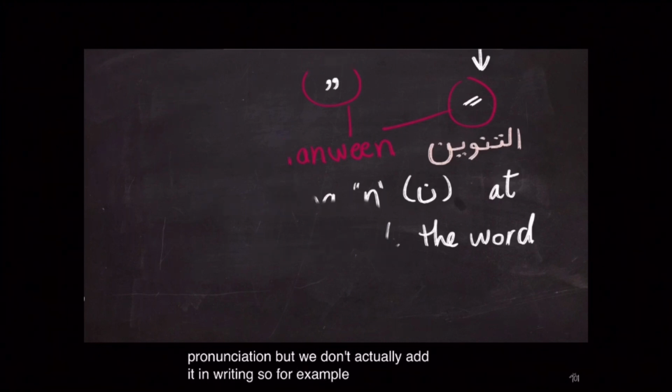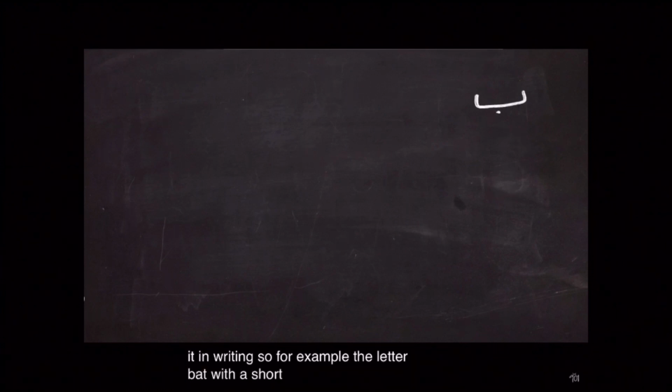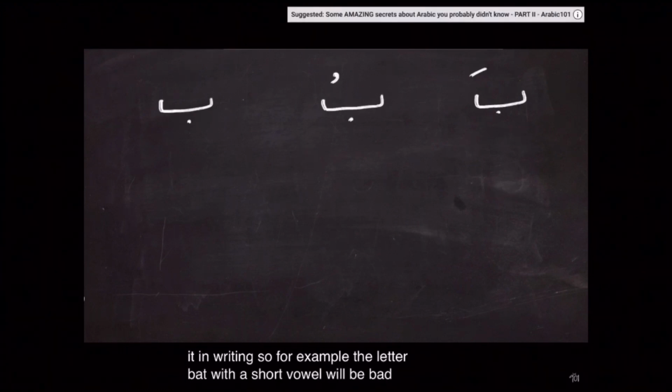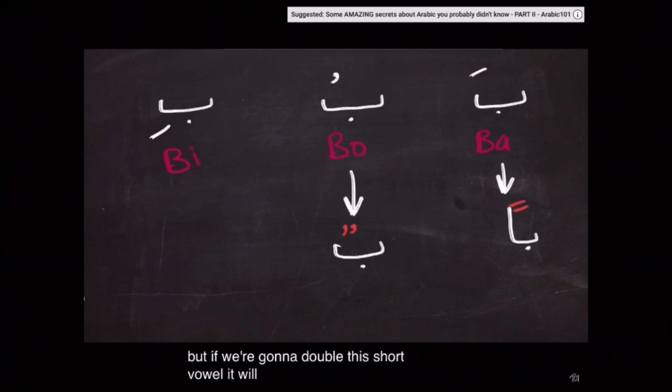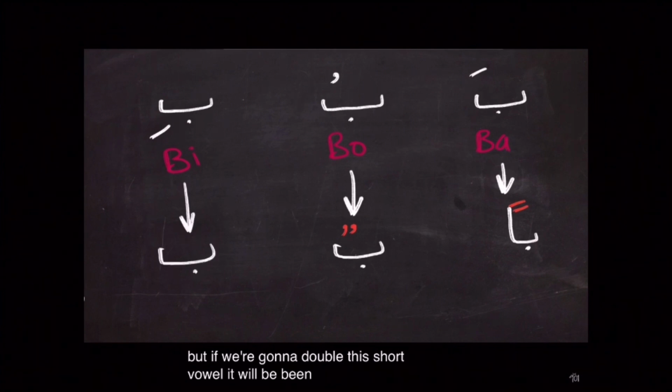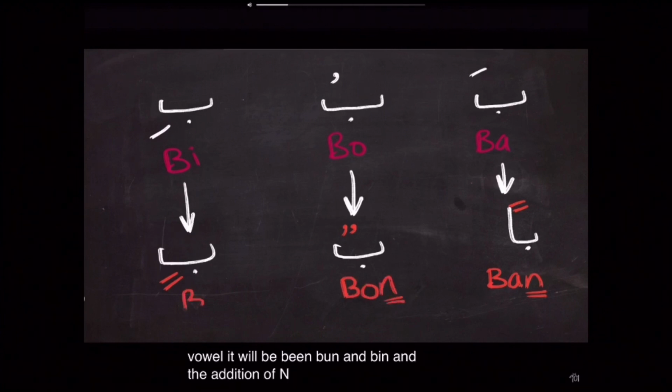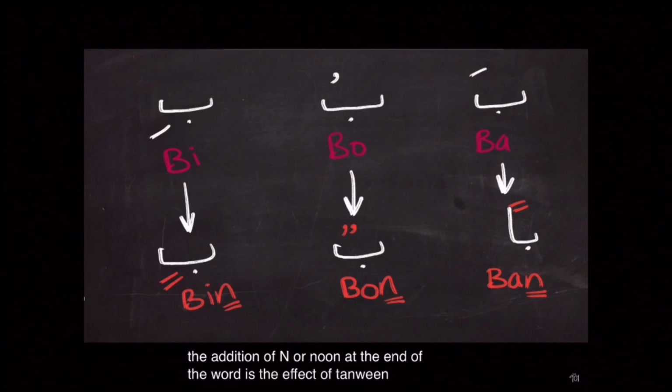For example, the letter ba with a short vowel will be ba, bu, bi. But if we double this short vowel, it will be ban, bun, and bin. The addition of n or noon at the end of the word is the effect of tanween.